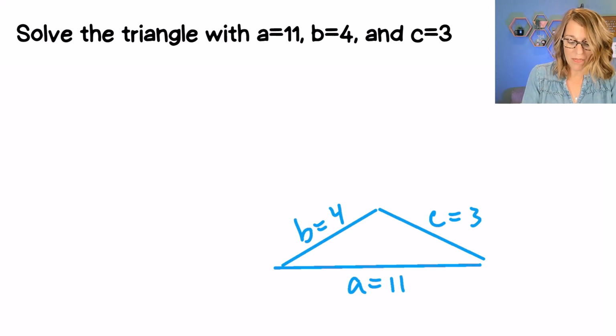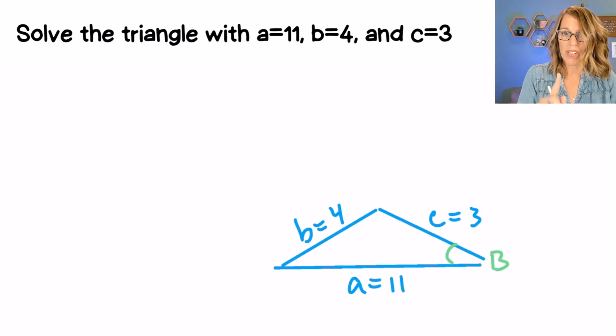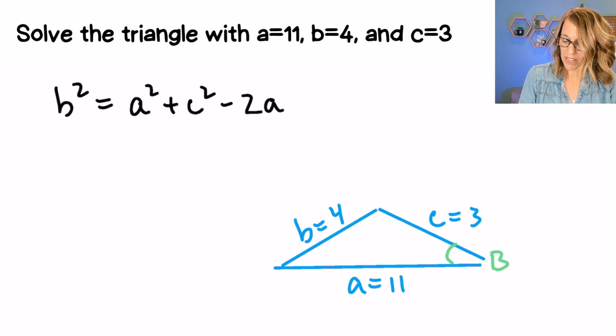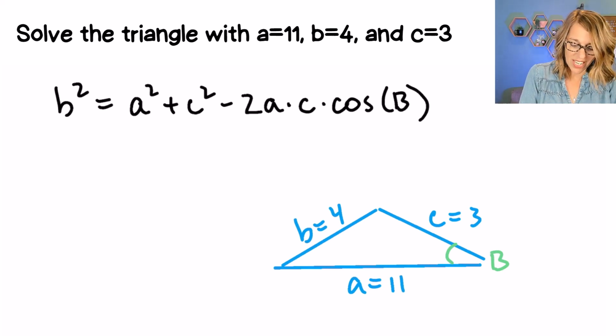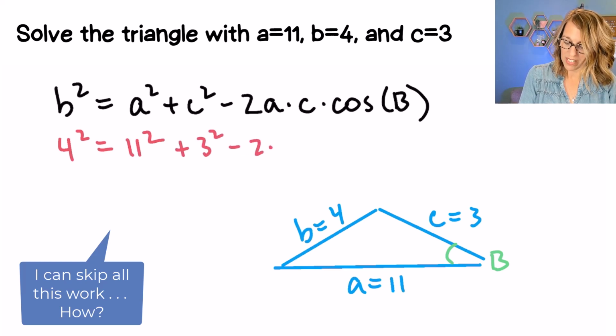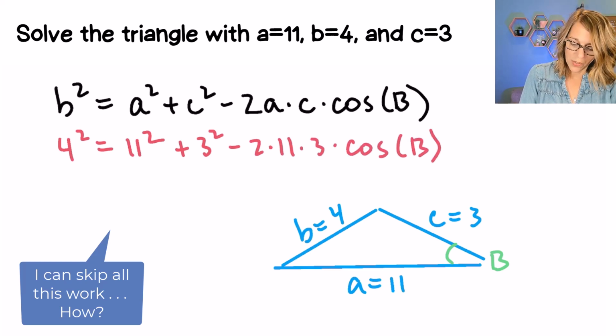Now I know I need to solve for one of my angles. Let's go ahead and solve here for angle B. So I'm going to put the law of cosines together that involves angle B. So I want B squared by itself equals A squared plus C squared minus 2 times those last letters times the cosine of angle B. So putting the values in that I know, I've got B squared, so that's going to be 4 squared is equal to A, which is 11, so 11 squared plus 3 squared minus 2 times 11 times 3 times the cosine of angle B. 4 squared is 16.